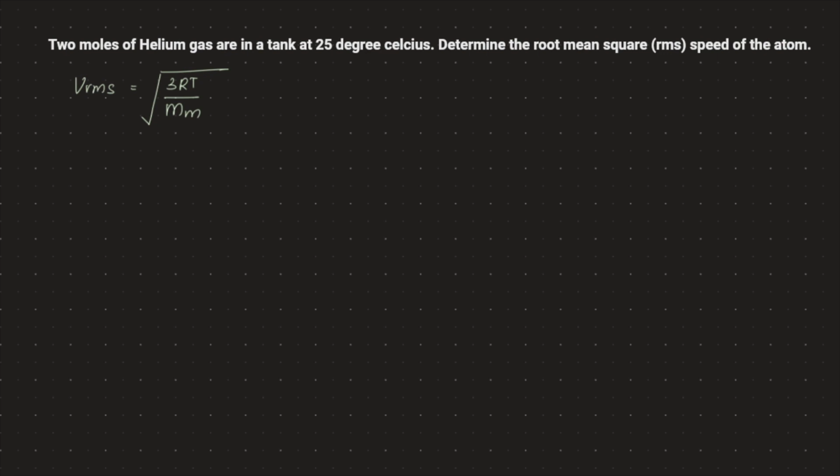Before we proceed with the calculation, I would like you to look upon the value of your RMM and also your gas constant. The usual gas constant that we use is equivalent to 8.3145 joule per Kelvin per mole, right?